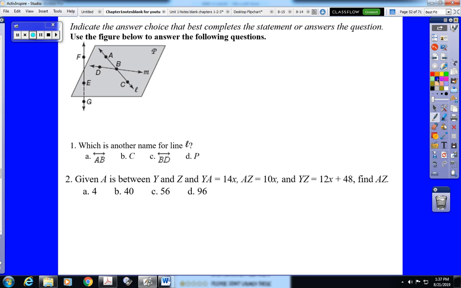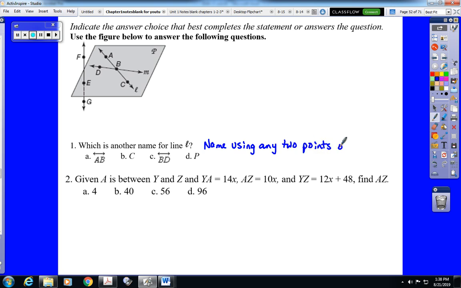So, number 1 is using the figure at the top. It asks, what is another name for line L? When we name it with a cursive line, we can name it using any 2 points on the line. If we look at our choices A, B, C, and D, C is a point, not a line, so that's eliminated.